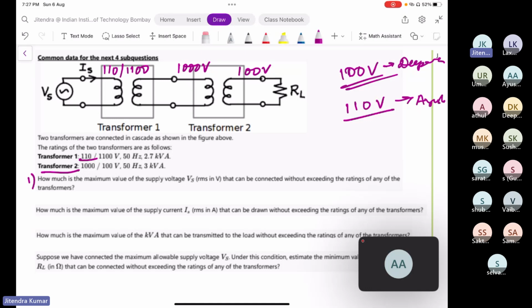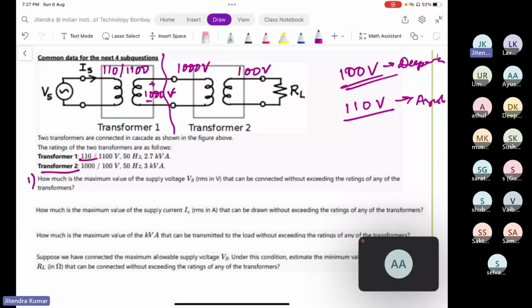So till now, there is no problem of rating because both are same till this junction. Now, here we have 1000 volt. But we can use this transformation ratio 110 by 1100 because turns are not going to change, just the value of voltage we have to maintain.